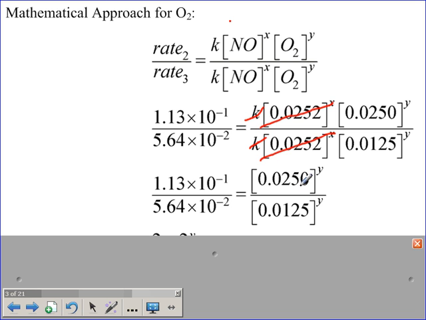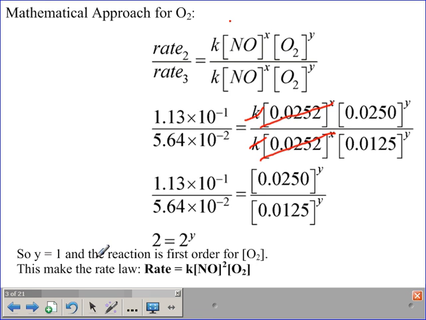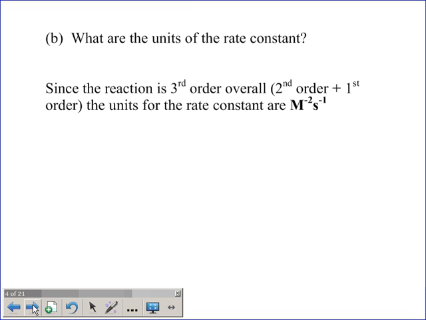As before, this whole thing can be changed to the y power, and we end up with 2 equals 2 to the y. So y has to be 1, and the reaction is first order for O2, and we get the exact same rate law. Either way is good when you can find those convenient doublings of concentration.